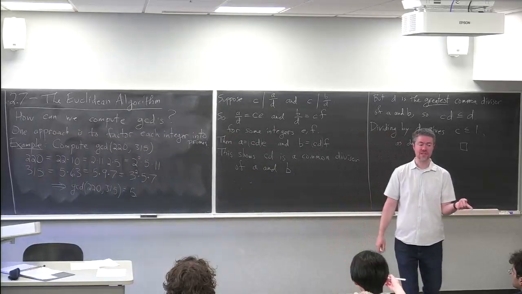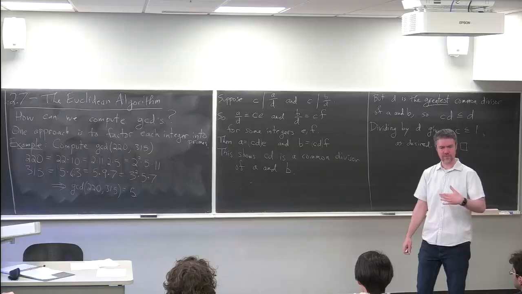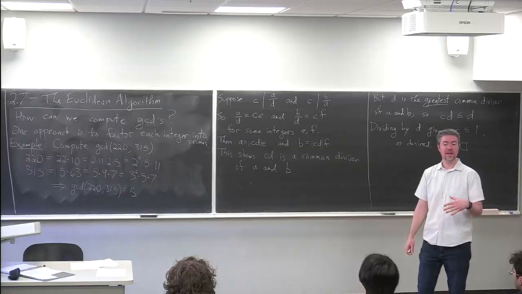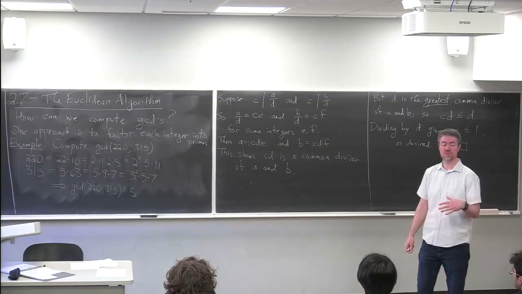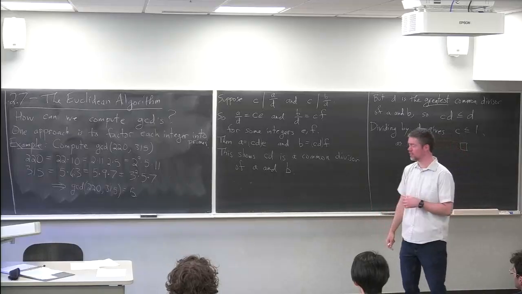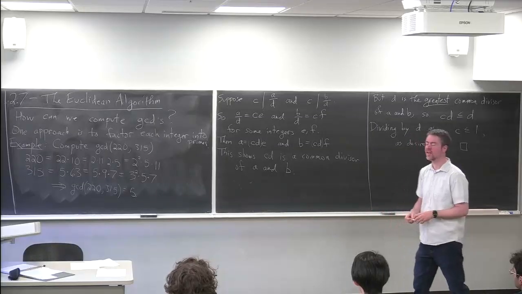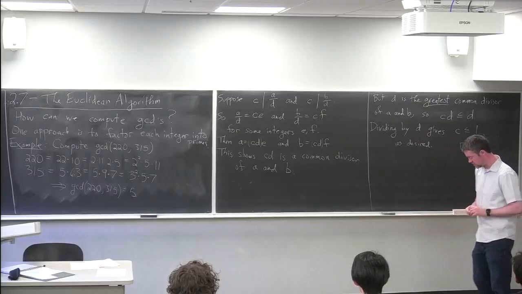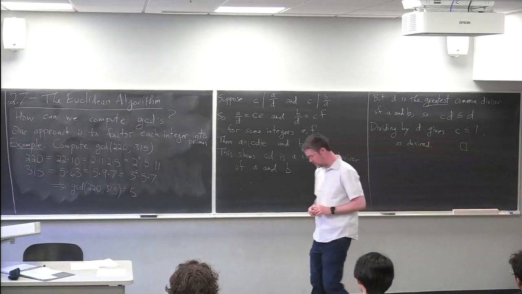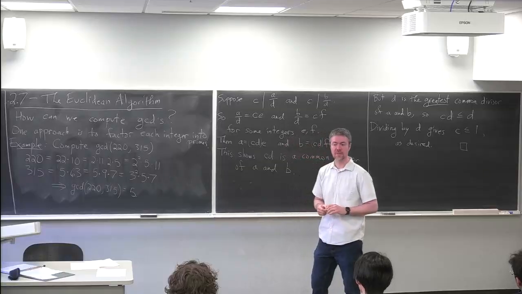So in the coming week or so, we are going to prove that integers have prime factorizations and they are unique. It's a big theorem in number theory called the fundamental theorem of arithmetic. We're going to carefully prove it, and it's not as easy as you might think. It takes a little bit of effort.